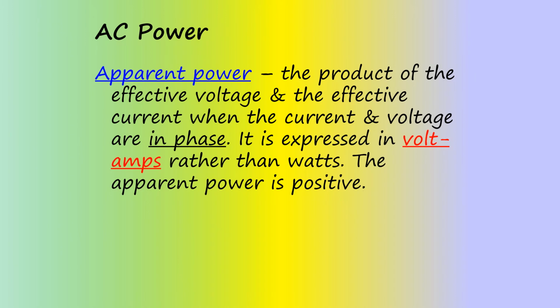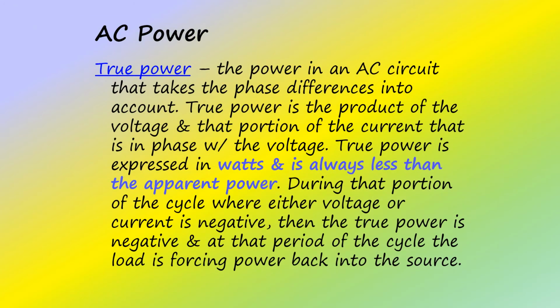Apparent power is the product of the effective voltage and the effective current when the current and voltage are in phase. It is expressed in voltamps rather than watts. The apparent power is positive. The true power is the power in an AC circuit that takes the phase differences into account.